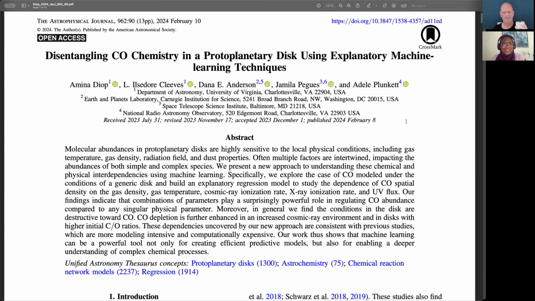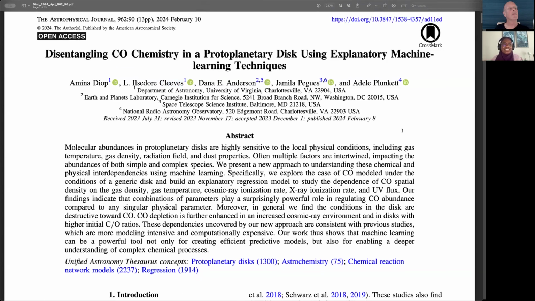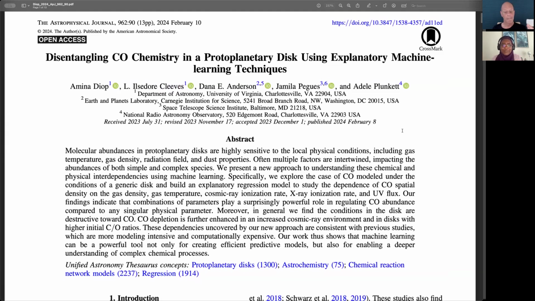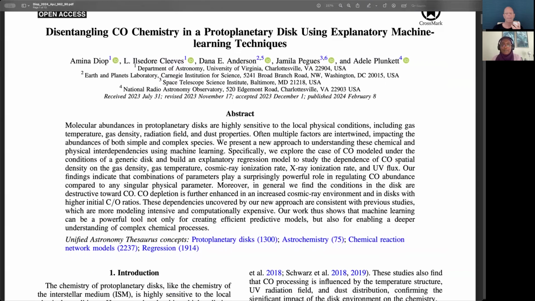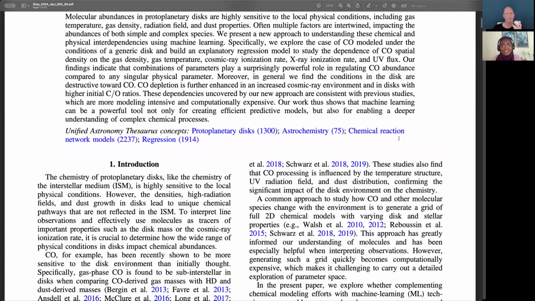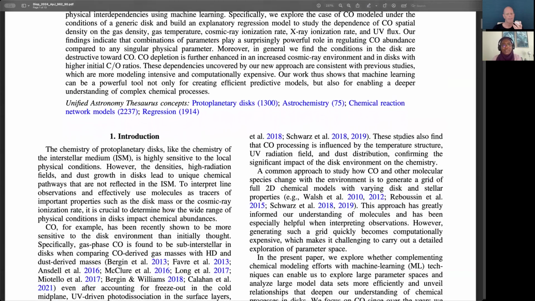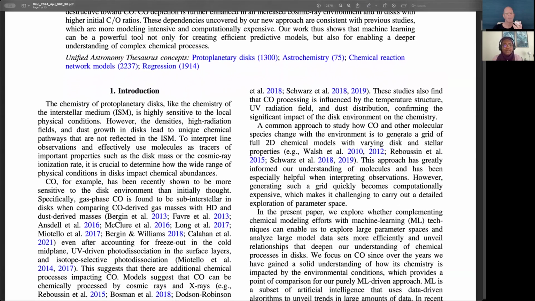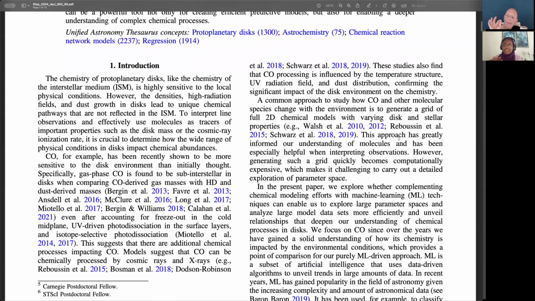Just to get us into this topic, let me start with a big picture. As I just said, I use molecules to try to probe different physical conditions and processes. But one challenge we have is that molecules are very sensitive to the physical conditions that we encounter in disks.